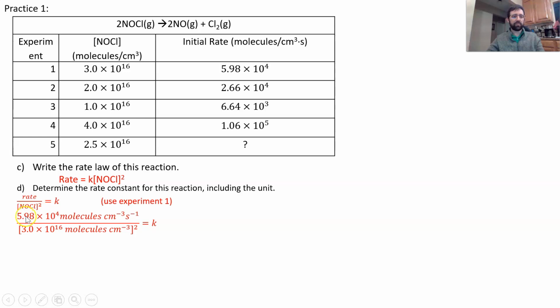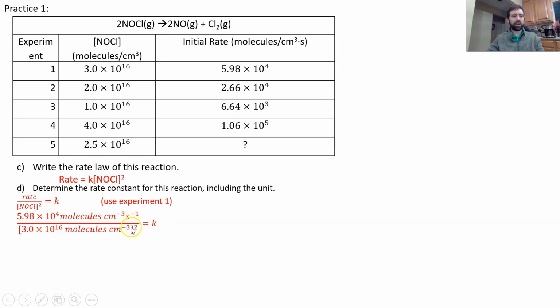So I have my rate from trial 1, and I included the units, molecules per centimeter cubed second. And then I put 3.0 times 10 to the 16th, that's our concentration of NOCl, molecules per centimeter cubed, and I've got to square that.